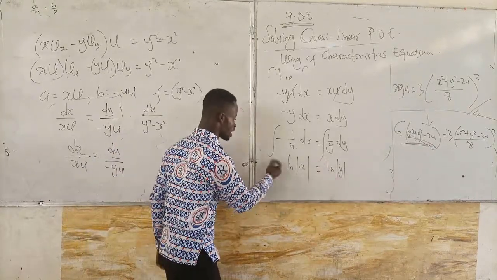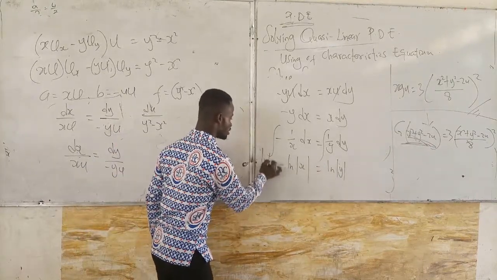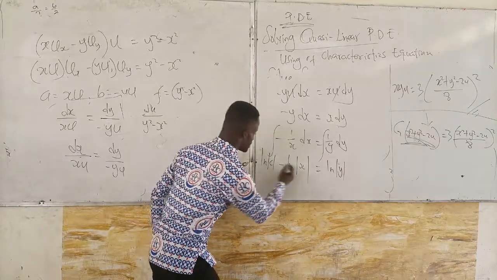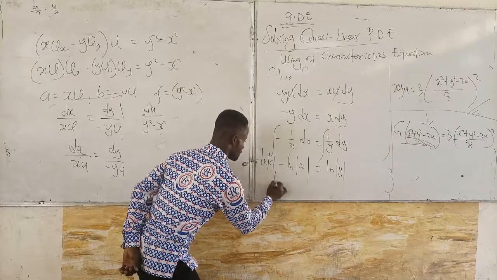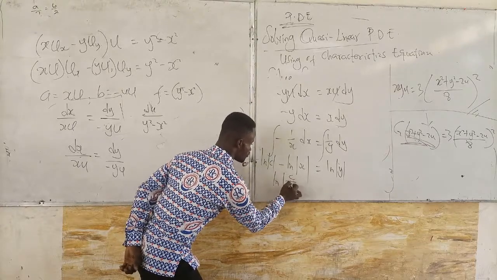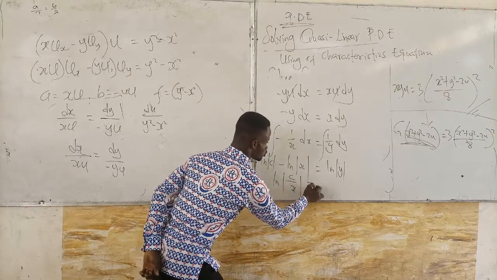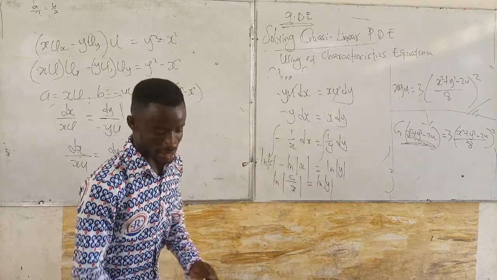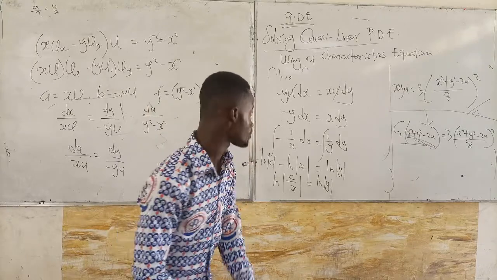So there is a concept we can bring here. You can bring the ln anywhere. So here it will be ln c over x equal to ln y. Then we take the natural log of both sides.